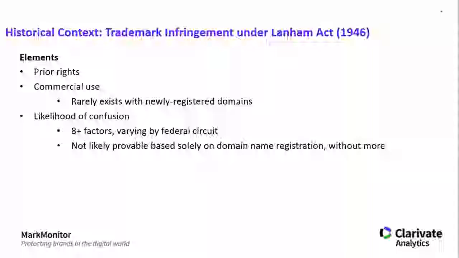And so we saw trademark infringement cases, few and far between really, traditional trademark infringement that pertained to domain names. The elements were typically very tough to prove in the domain name context. There was a concept of commercial use, which rarely exists with newly registered domain names that don't host content, or courts struggled to figure out what to do with commercial use on the internet.